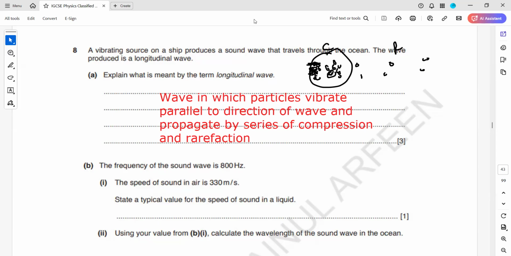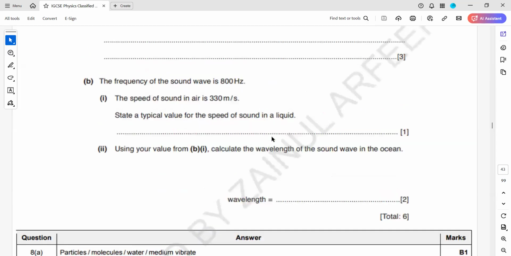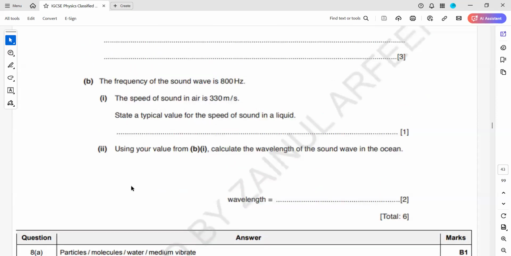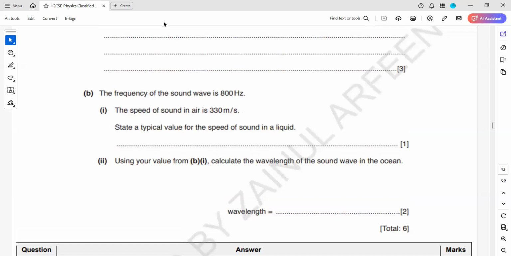So this is a 3-mark definition. A wave in which the particles vibrate parallel to the direction of the wave scores 2 marks, and by a series of compressions and rarefactions. As you can see, the particles vibrate, there is compression and rarefaction, and the vibration is parallel.